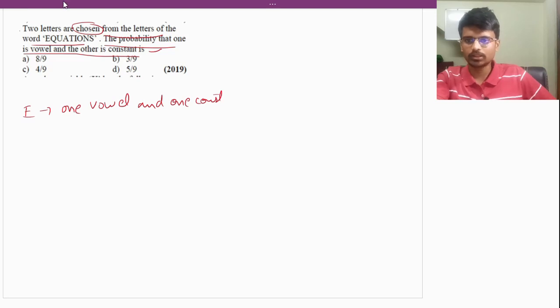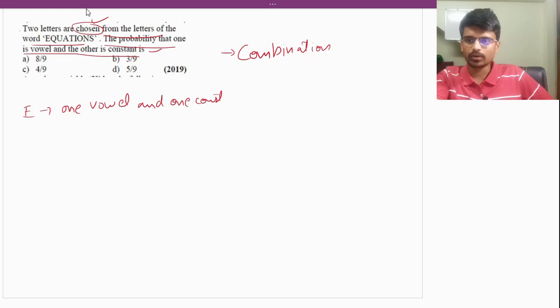Whenever there is a selection, or we are choosing from a set of letters, we use combinations. So I'll be making use of these concepts.